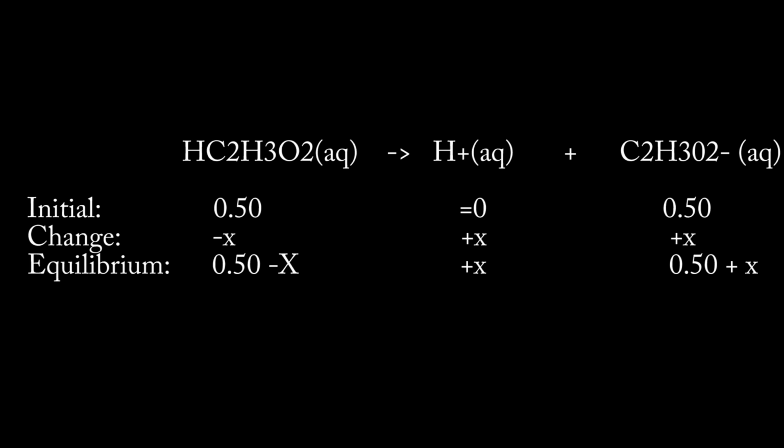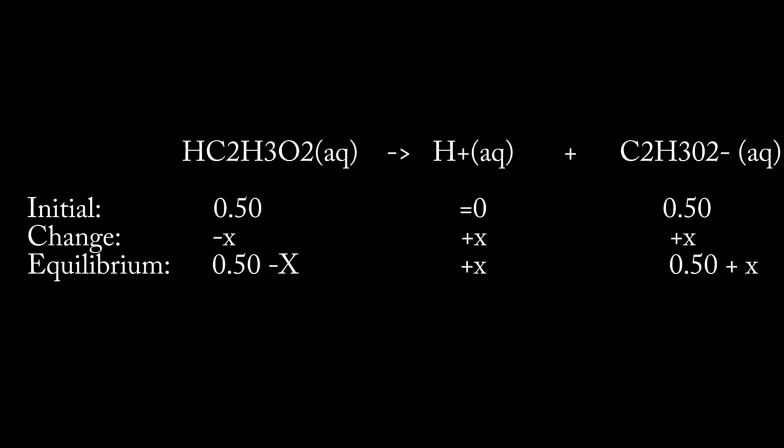So the ICE table for this reaction will look like this, with the acetic acid dissociating into the hydrogen ion and the acetate over here, with the initial concentration being 0.5 molar and then 0 on the H plus because it hasn't dissociated yet, and 0.5 molar on the acetate because it's already in the sodium acetate.